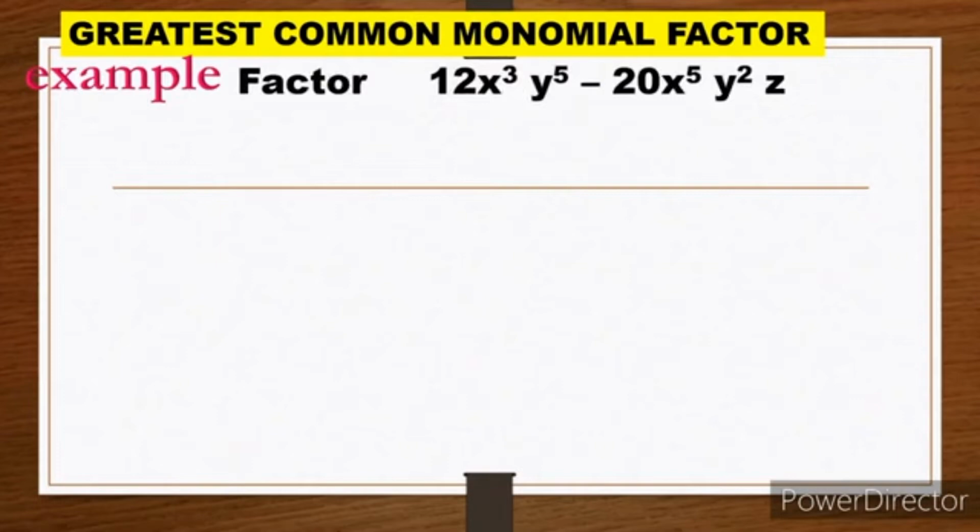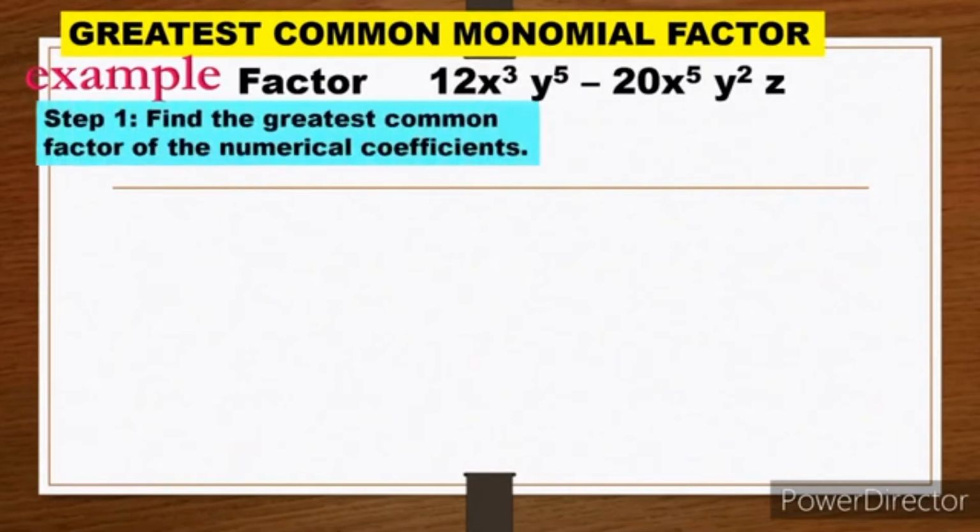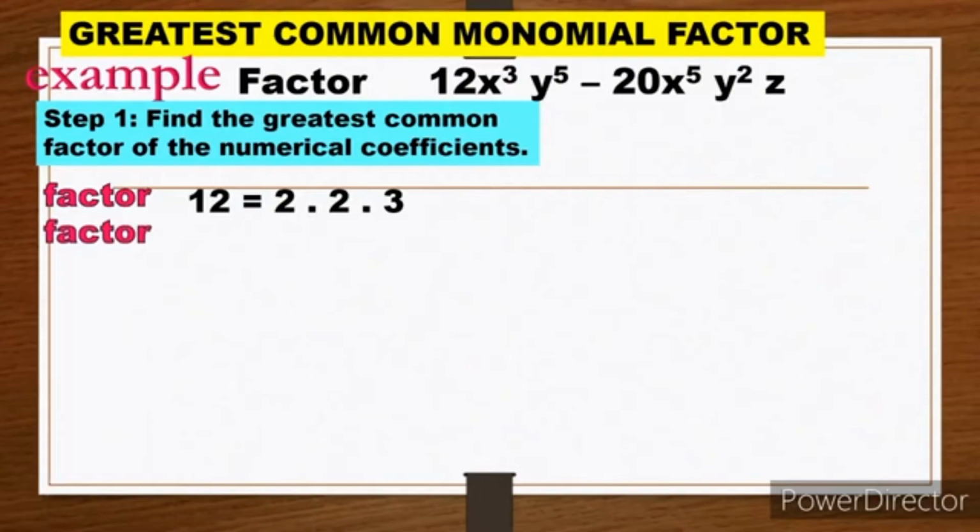Number 1 example, factor 12x cubed y raised to 5 minus 20x raised to 5 y squared z. Step number 1. Find the greatest common factor of the numerical coefficients. Get the prime factors of the numerical coefficients. For 12, we have 2 times 2 times 3.